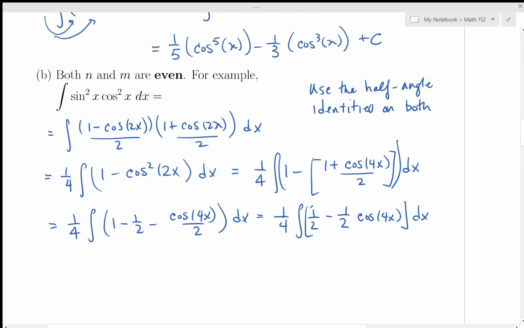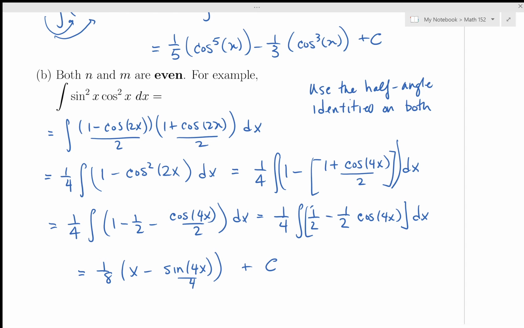There it is. So easy now to integrate. That is going to be 1/8 x minus sine 4x over 4 plus the constant. Okay, again, check by differentiating.